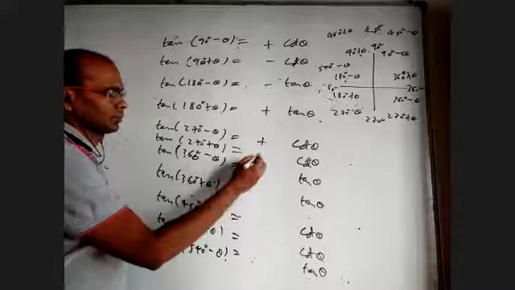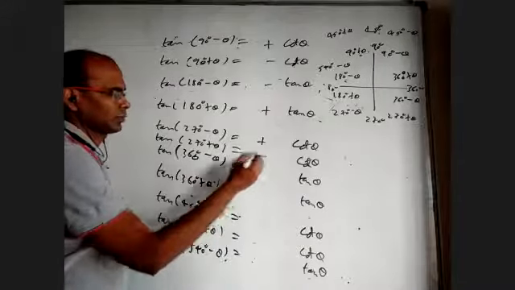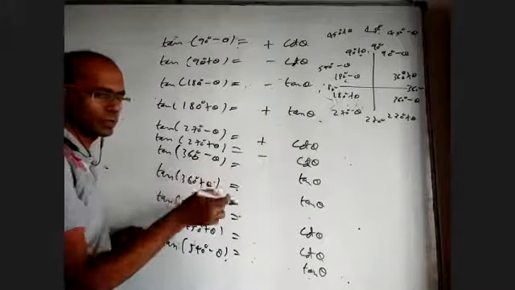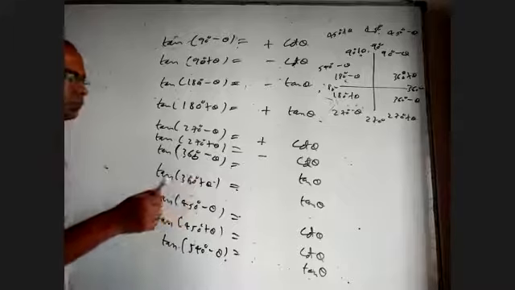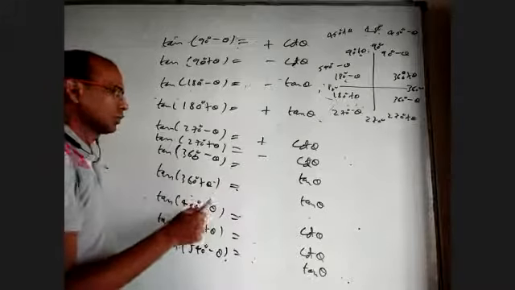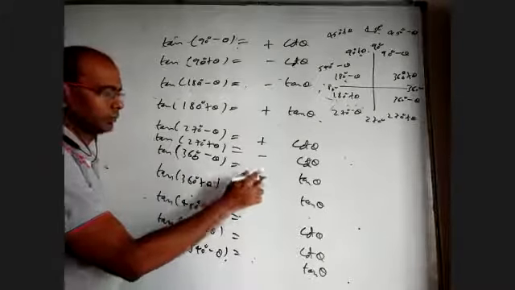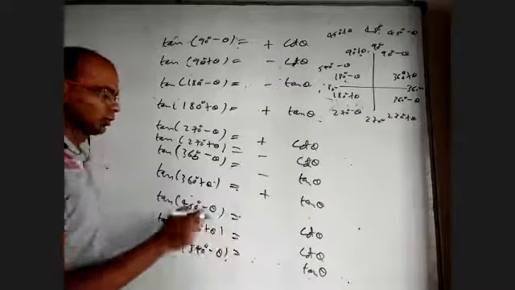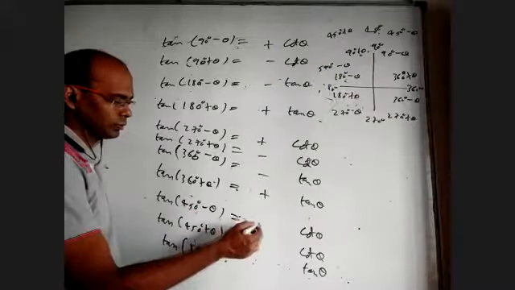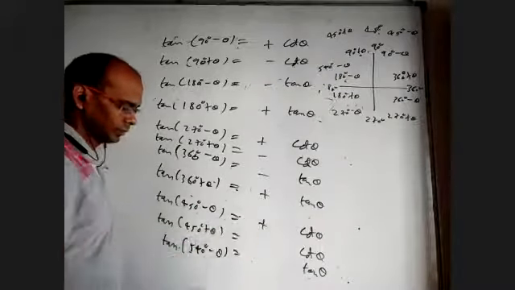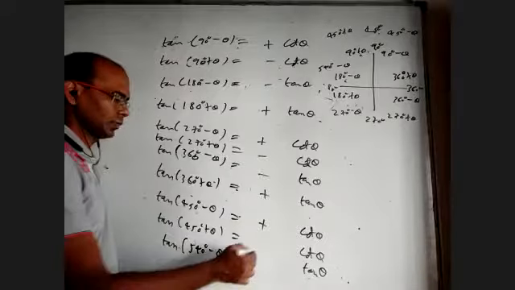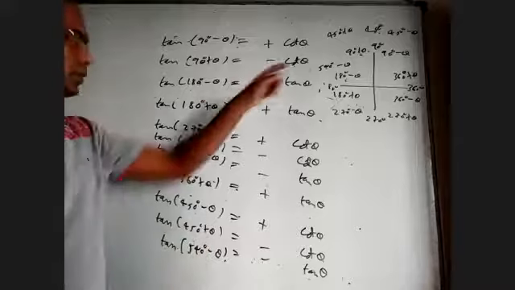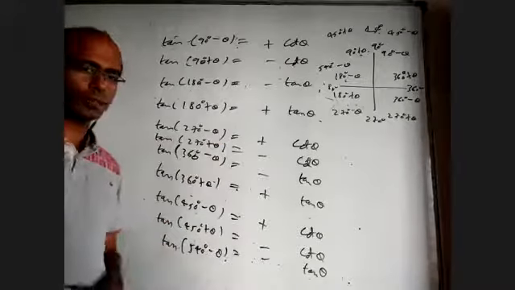Fourth quadrant. What about 360 minus theta, which quadrant? Fourth quadrant. And the tan will be minus. 360 plus theta, first quadrant, plus. Next one is plus. Then minus and minus, sir. So you have to see 450 plus theta is second quadrant, 540 minus theta second quadrant, and tan is next to that.